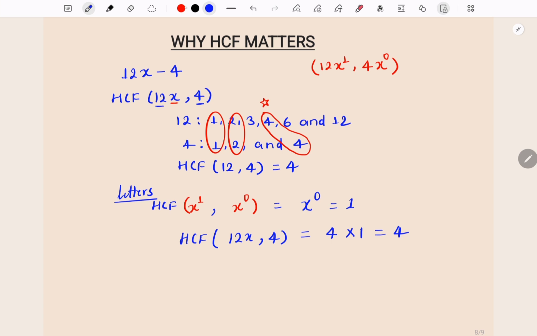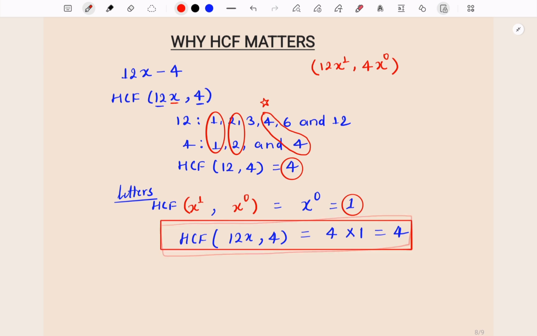Because 4 is the HCF of 12 and 4, and 1 is the HCF of x raised to the power of 1 and x raised to the power of 0. So the final HCF is 4.